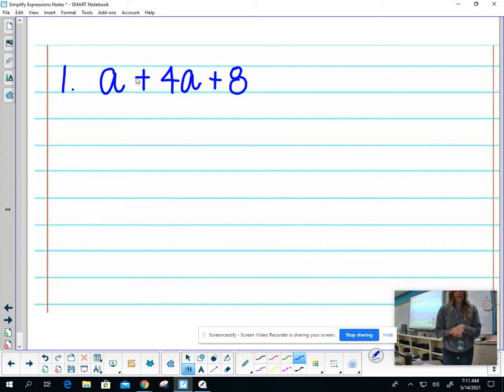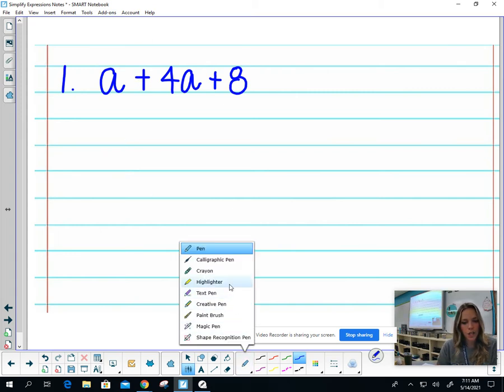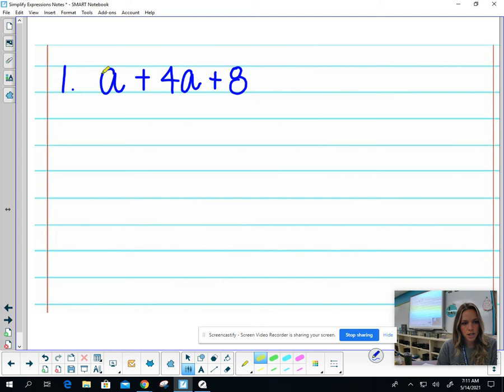As we're looking at this, we have to combine like terms. Like terms are when we have an identical variable or we just simply have numbers, our coefficients. When I look here, I have two different terms. I have an A, a positive 4A, and then I have an 8.